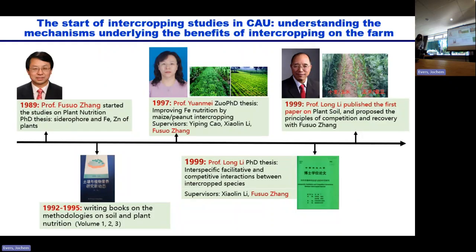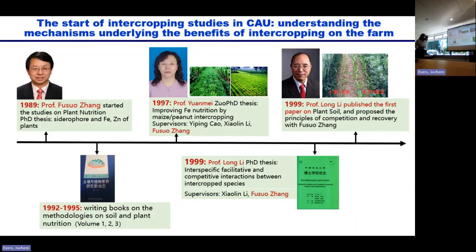Actually, I work in a very big group working on intercropping. This work was started by Professor Zhang in 1989 when he got his PhD from Germany, from the University of Hohenheim. His thesis was about understanding the role of sulfur in mobilizing iron in the soil.